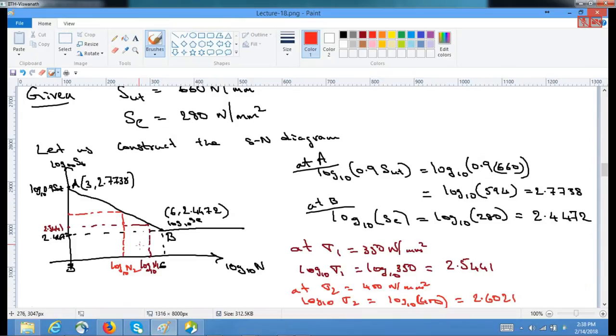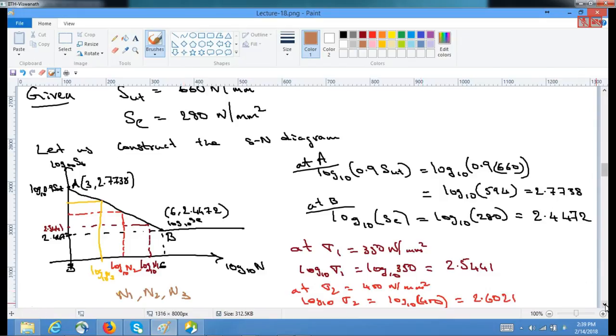Similarly, the third one should give us log 10 of N3. So our aim is to find out N1, N2, and N3.